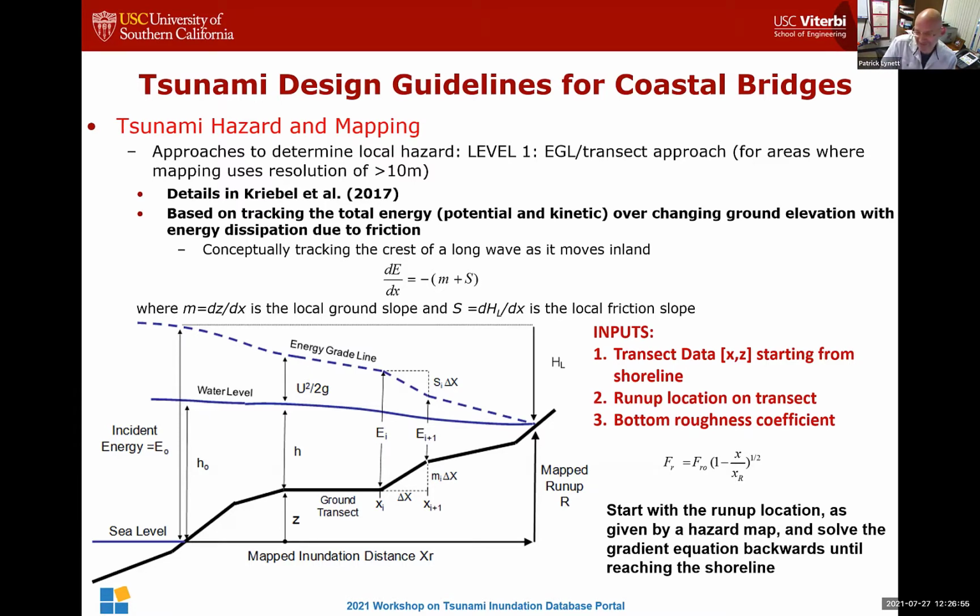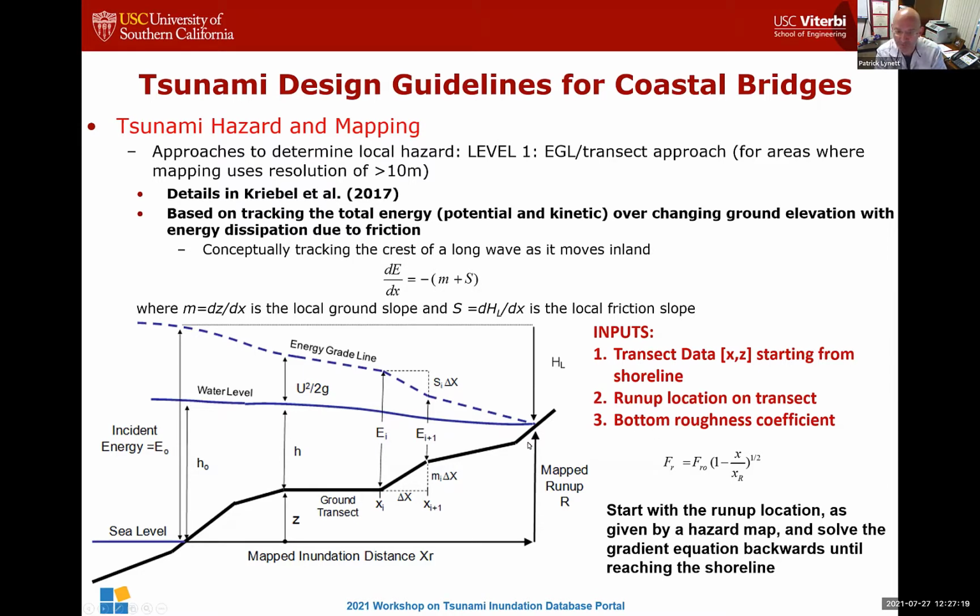It's kind of a stretch to think that it should be entirely valid for a transient wave problem like tsunami. But a tsunami is long enough in some aspects that it's reasonable. And so the way that it works conceptually is you first have to create a ground transect. Along that transect, you have to find the location of inundation.